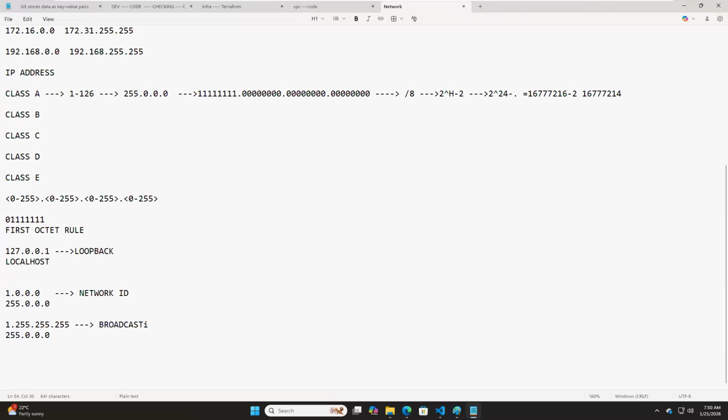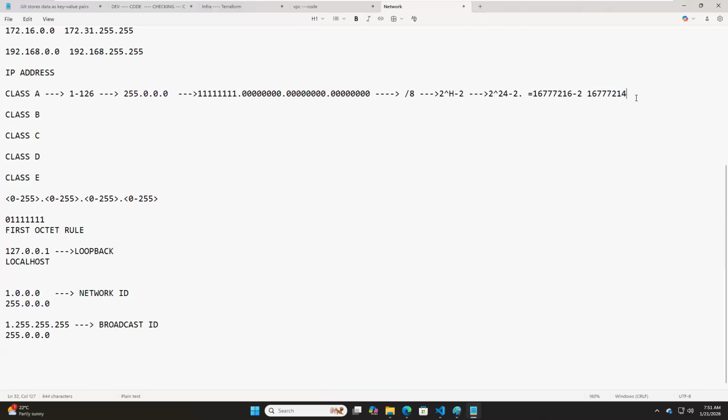So you cannot assign the network ID and broadcast ID to a computer. Apart from those, all the remaining IPs are usable IPs. That's why I gave minus 2: we are removing the network ID and broadcast ID to get the usable IPs in that network.